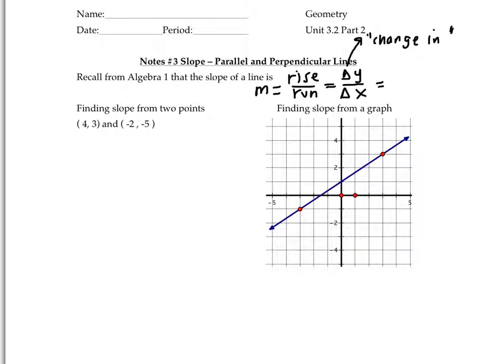But most often, when we talk about slope, we'll be writing the formula, which is y2 minus y1 divided by x2 minus x1.